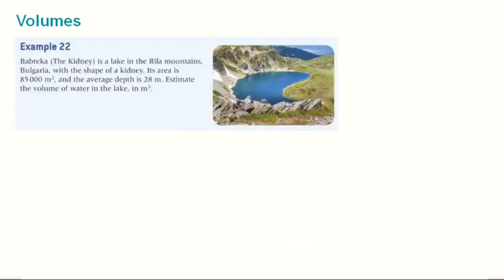So we've got an example here. Take your time to read the question, right? We have a lake, and we're given the area of this lake and the average depth. So we can assume that it's just like a prism with a rectangular base, right?